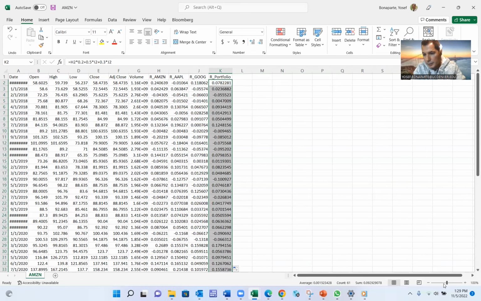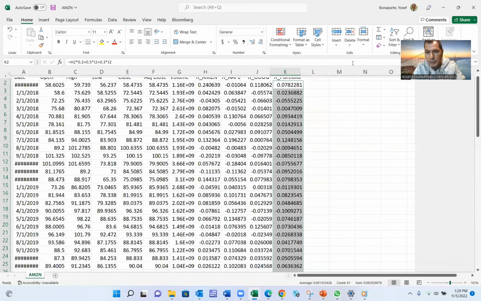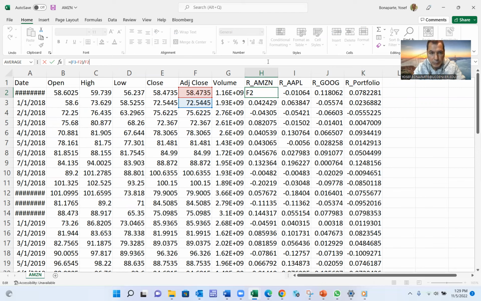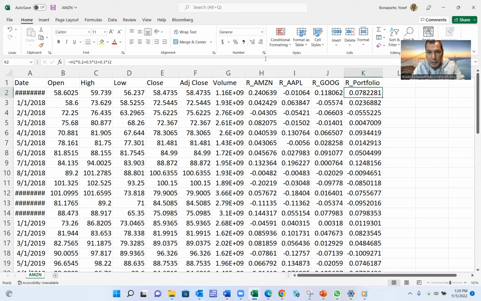Double click, and let me make it a little bit bigger so you can see what we've done. The return for Amazon is the end of the month price minus the beginning of the month price, divided by the beginning of the month price. That's just how we do it. And then RP is basically the weighted average of these three stocks, Amazon, Apple, Google, and that will give you the RP.